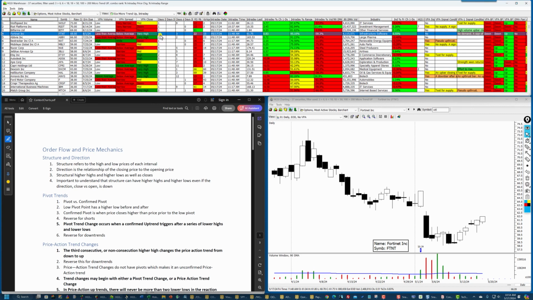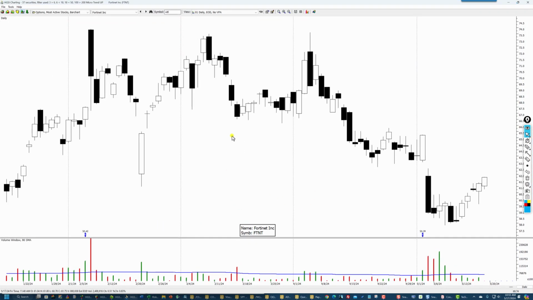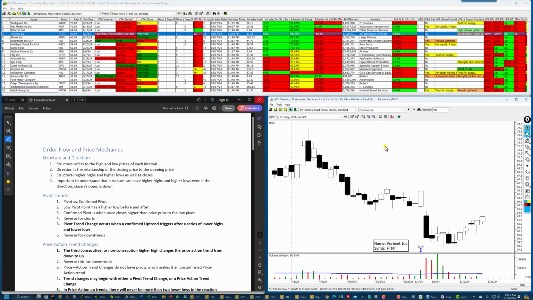You can see that it crossed over 2 days ago. Zero is always a crossover day, and the volume point of control crossed over 4 days ago. It has a poor relative strength, Kirkpatrick and HGS IRS. It's up today, trading near the top of its range, and it's in infrastructure software. So let's just take a look at it, and I'll put this back down here so we can use this over here.